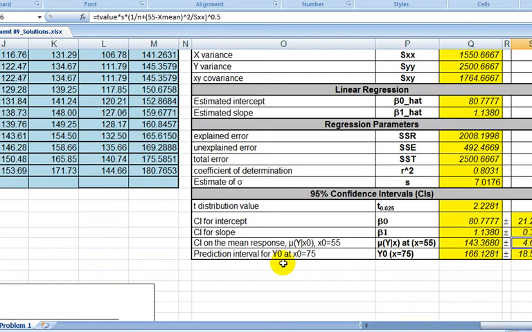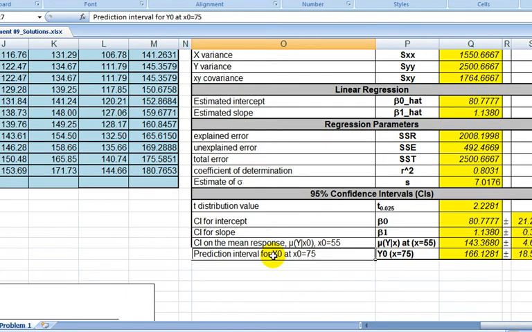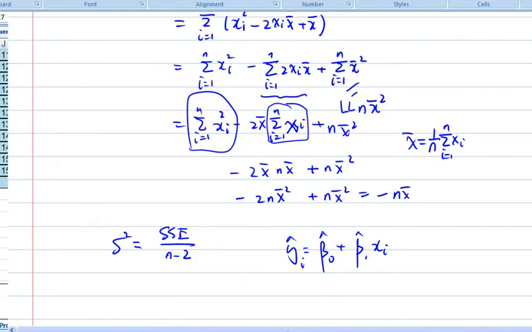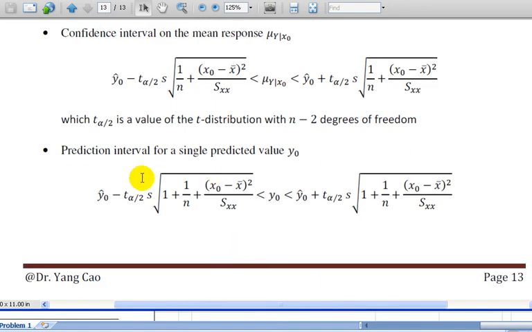So the last quantity is the prediction interval. The formula is over here. So for the prediction, you can look at the lecture notes for how this is derived. Basically, you're talking about what's the range for the predicted value y naught.